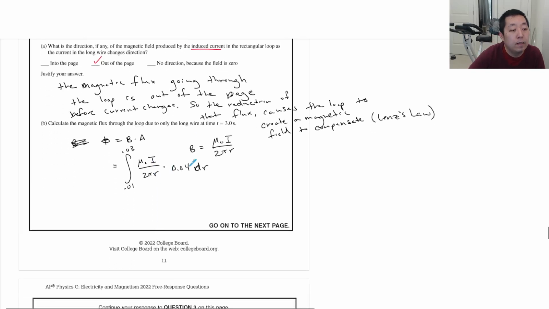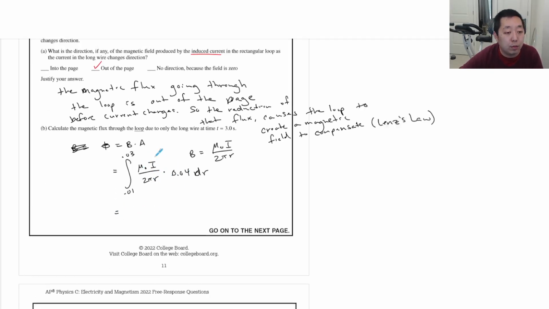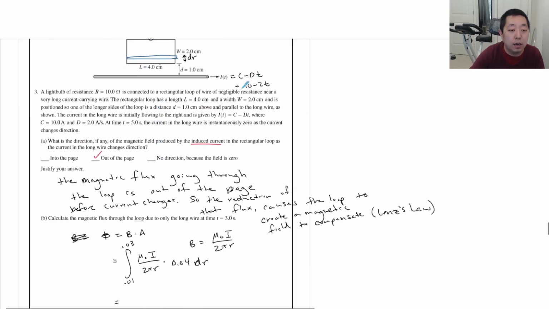Okay. Now, the current at 3 seconds is 4 amps, right? Because I of 3 is equal to 10 minus 2 times 3, and that's equal to 4 amps.